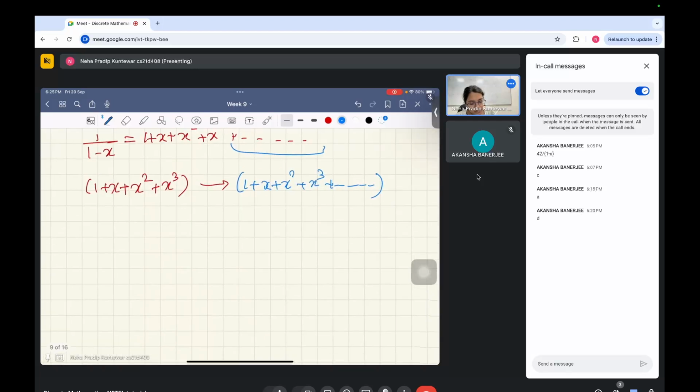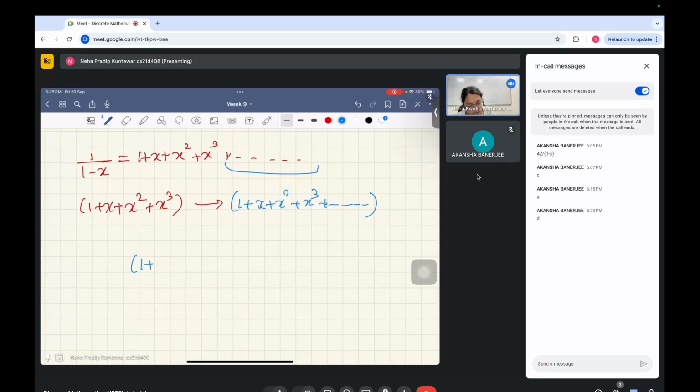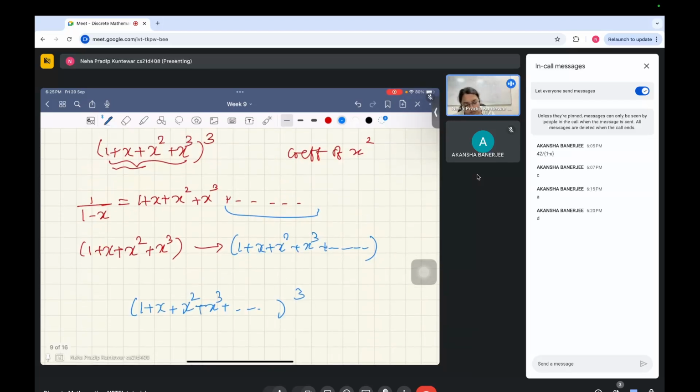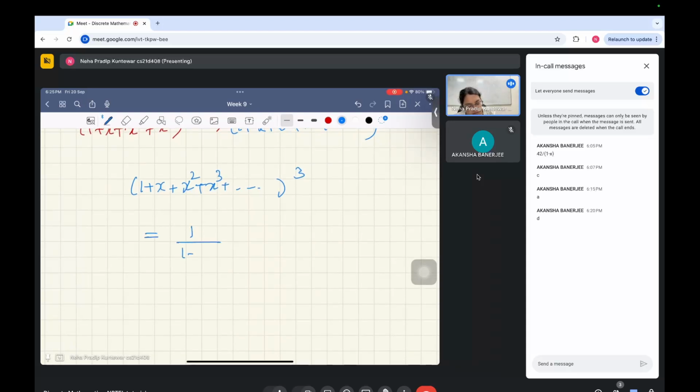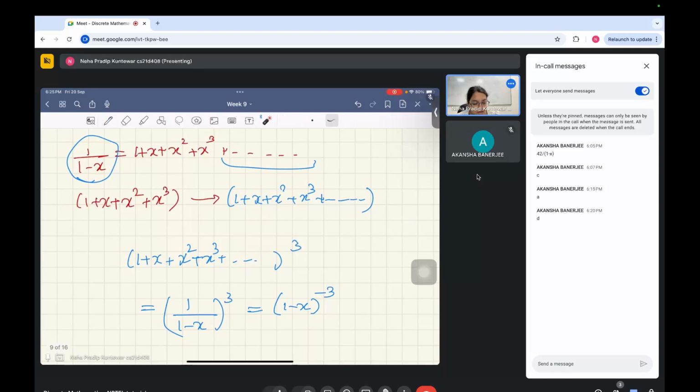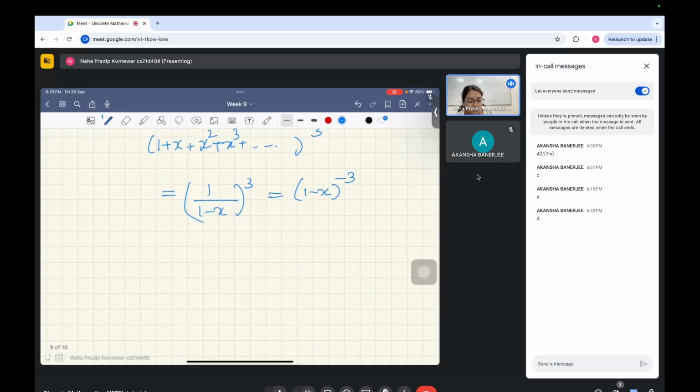Then we're doing 1 plus x plus x square plus x cube and so on, to the 3, and we know that this is equal to 1 over 1 minus x. So this will be given by 1 over 1 minus x whole cube, which is the same as 1 minus x to the minus 3. I have not justified right now why this is not affecting the answer. We will see this, but let's first calculate and see what the answer is.